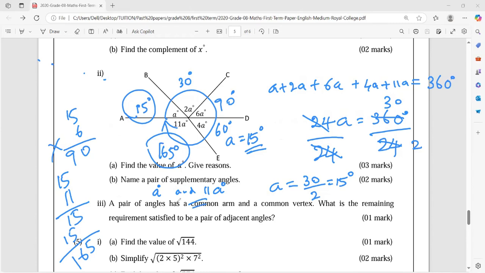Otherwise, we have to write 15 and 165, because we cannot write the name of the angle exactly because this point hasn't been given. This point has not been given.